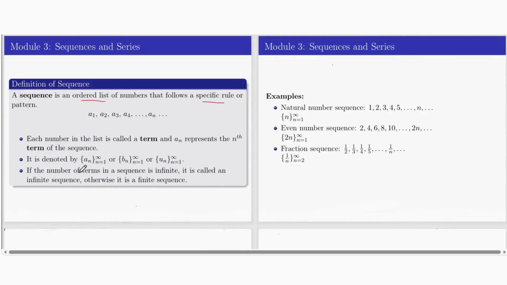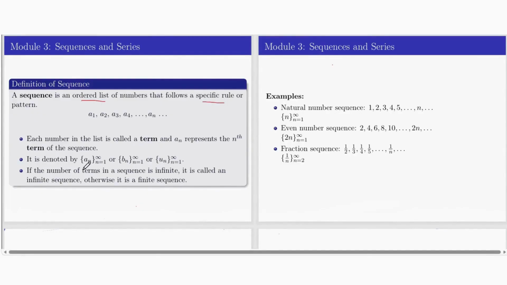Means to represent the sequence you can use any lowercase letter. One can use a, b, c, d, u, etc. But a sequence is written in curly brackets, and here an, bn and un are all the nth term of the sequence.